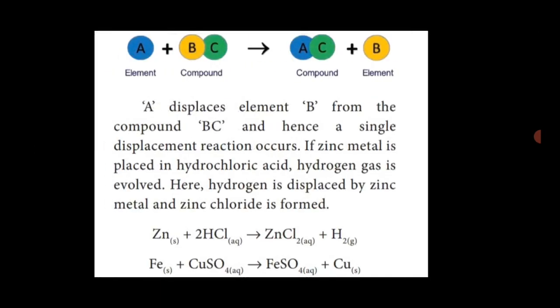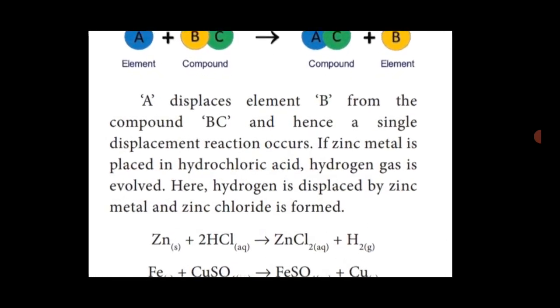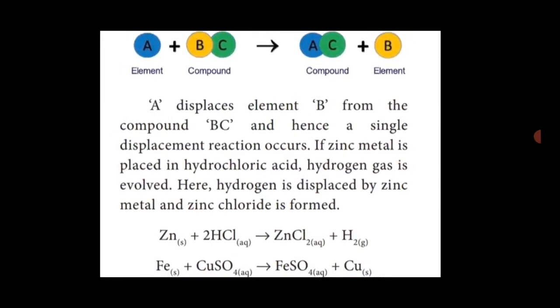For example, A displaced element B from the compound BC. So B is replaced by A. Hence a single displacement reaction has occurred. Only one element is replaced, so this reaction is called single displacement reaction.